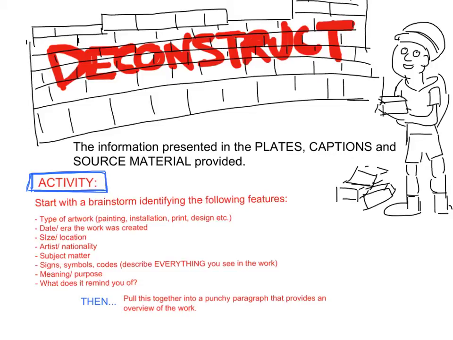What date or era was the work created in? The reason this is important is because you can associate that with a particular time in history. And if you're looking at the location of the work or where it was created, you might be able to tie that to an event that was occurring at the time. The size of the artwork is also important.